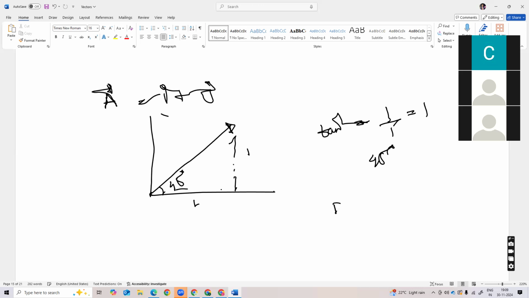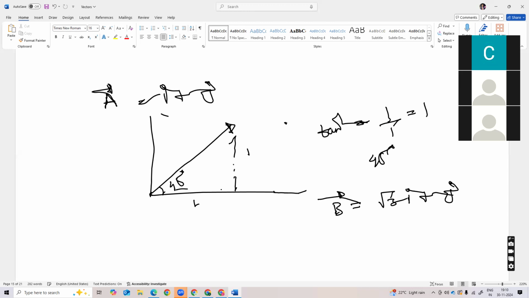Similarly, let's say vector B is root 3 i plus j. Root 3 is 1.732, so it will be somewhere here, and j is 1.